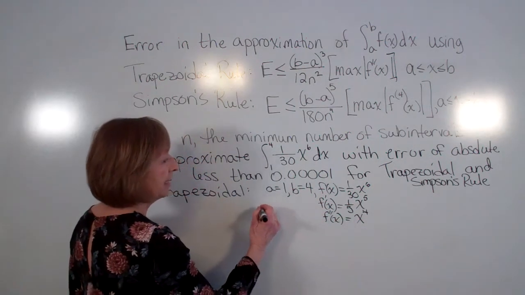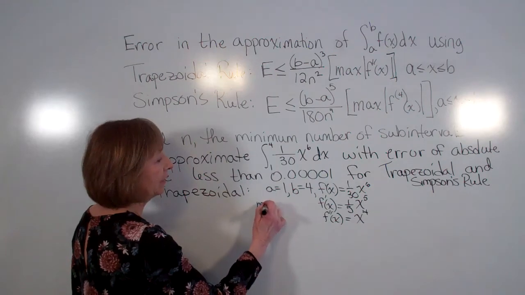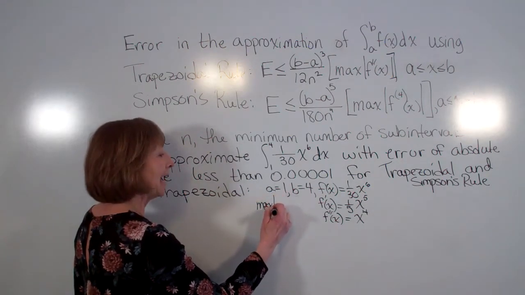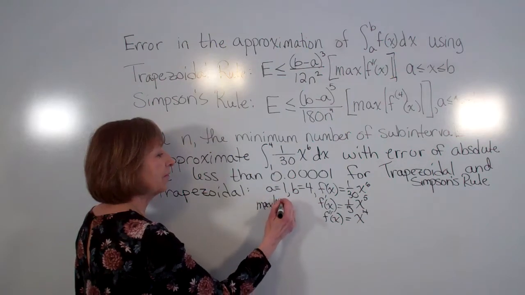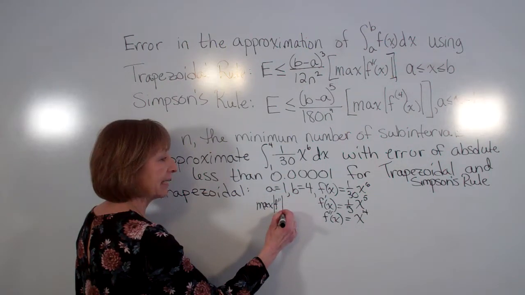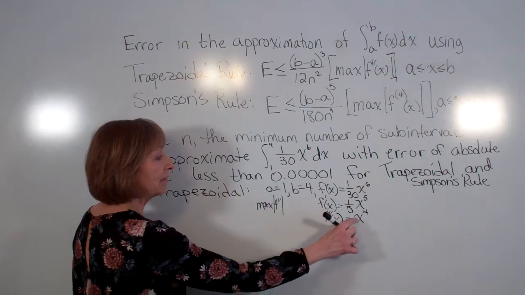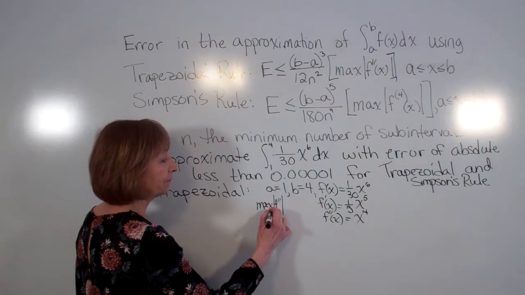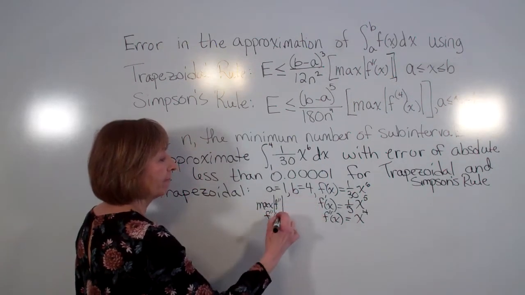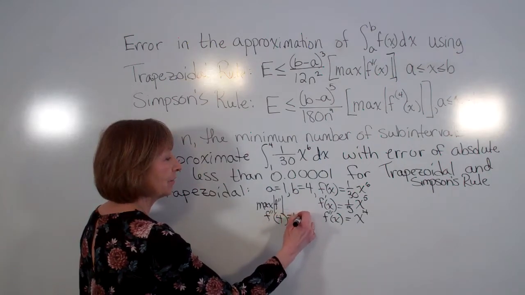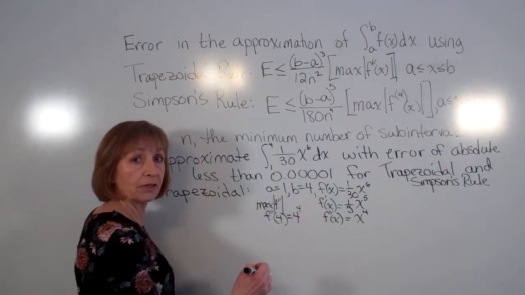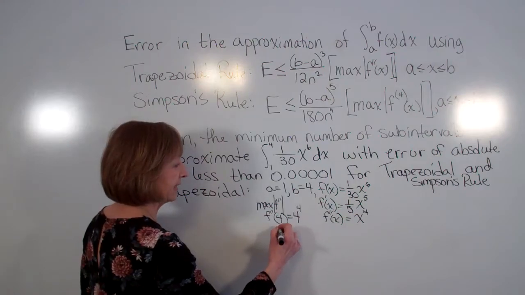So our maximum value that the absolute value of the second derivative of the function is going to attain is the value of the second derivative at 4. So that's 4 to the 4th, or 256.